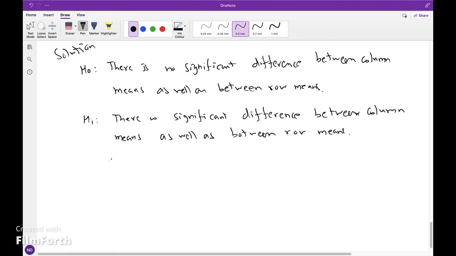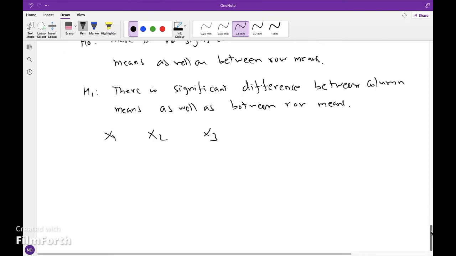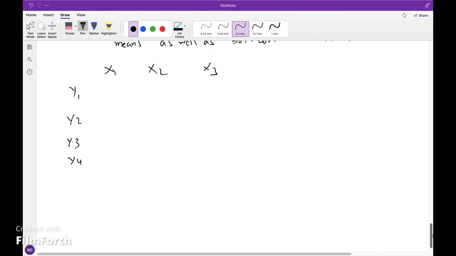So x1, x2, x3 are the treatments, and y1, y2, y3, y4 and y5 are the rows. Subtract 30 from each value: 30 minus 30 is 0, 24 minus 30 is minus 6, 33 minus 30 is 3, and so on for x2 and x3.